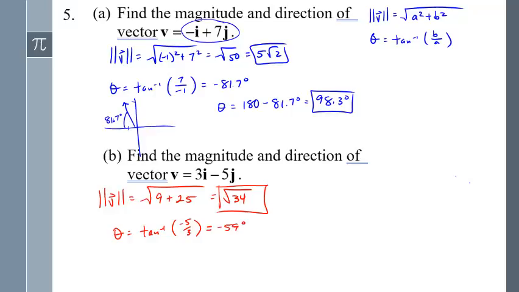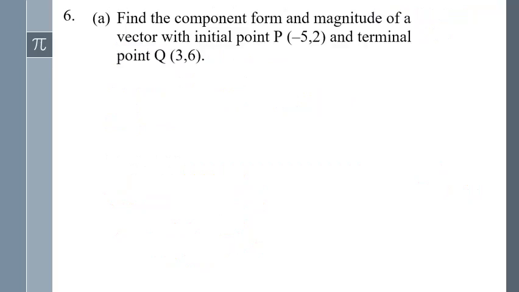Now this one technically is correct because that vector over 3 down 5 is in quadrant 4, and -59 degrees would be the correct angle. So we could leave it as -59, or you can write it as 360 minus 59, which is going to be 301. Either one of those would be acceptable.